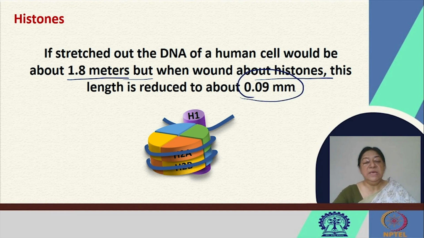So we realize the importance of these specific interactions, such as these histones that are largely populated with lysine and arginine residues, up to 20 to 24%, that give us an idea about how the positively charged residues on this histone protein are going to interact with the negatively charged sugar phosphate backbone of the DNA.